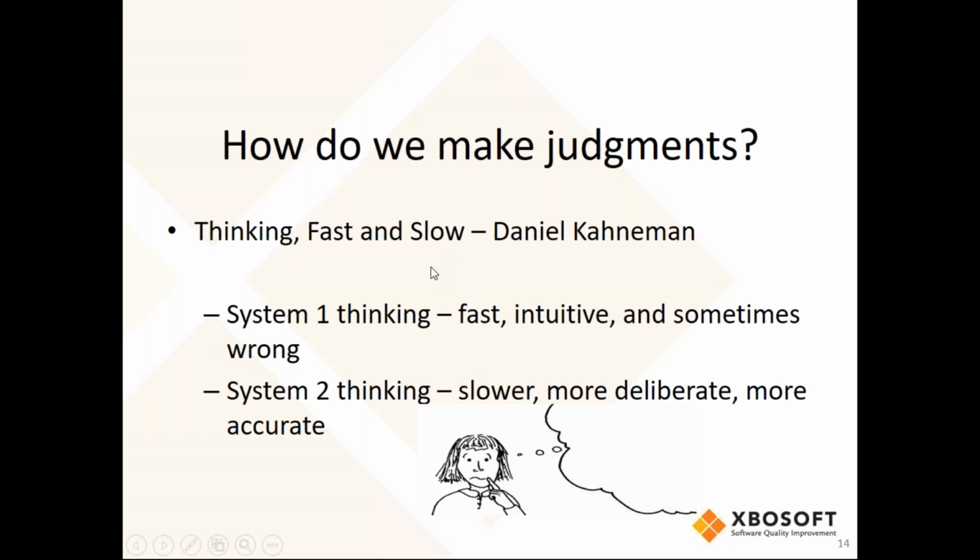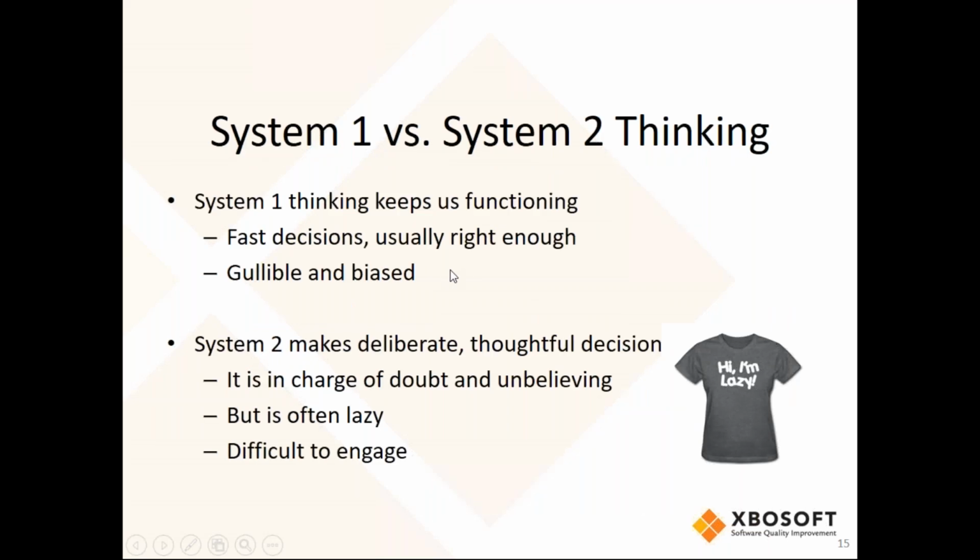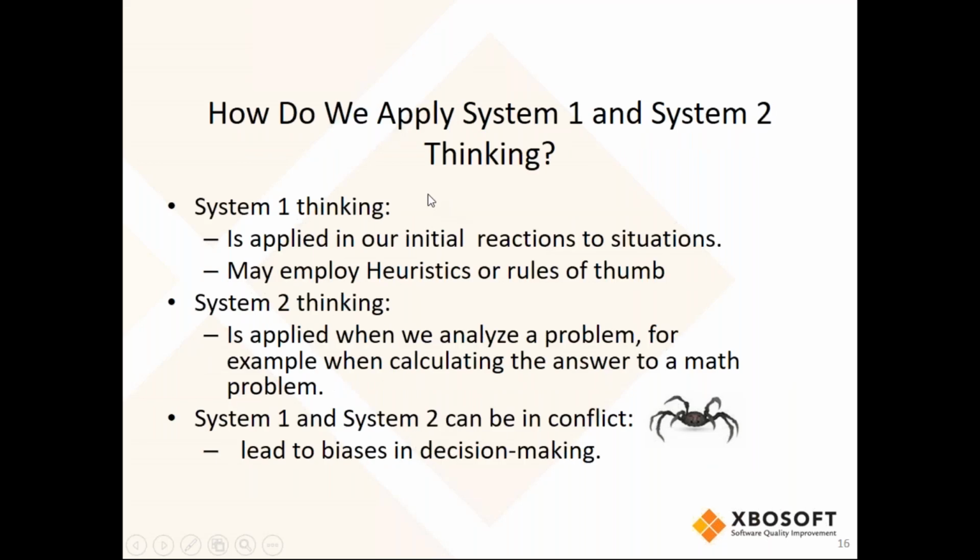It takes effort, and it means we will tire out. So basically, your system one is your fast decisions, usually right enough. System two is in charge of doubt and unbelieving, and that's important in bugs, I think. So how are we going to apply this?